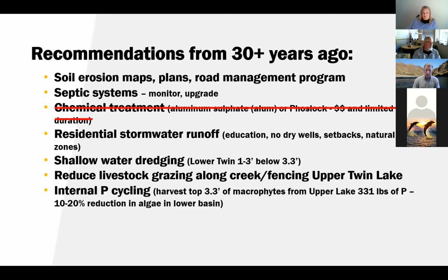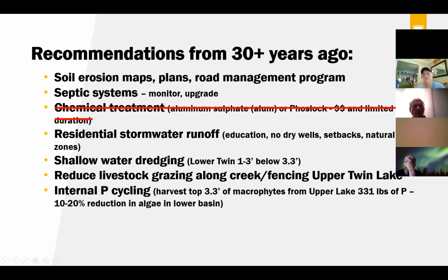One of the propositions was to harvest the top 3.5 feet of macrophytes. The macrophytes grow from the bottom up, and the idea was to have a harvester come along and clip off the top 3.5 feet. The calculations back in the day were if you did that, you would remove about 331 pounds of phosphate from the water column.